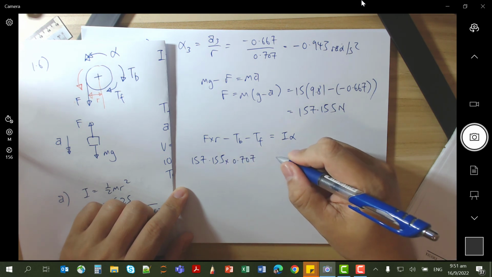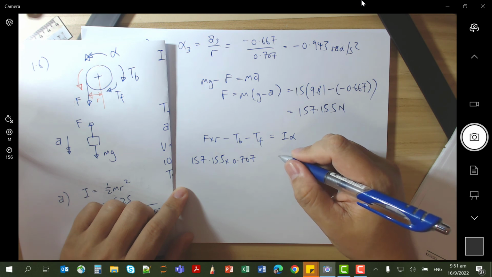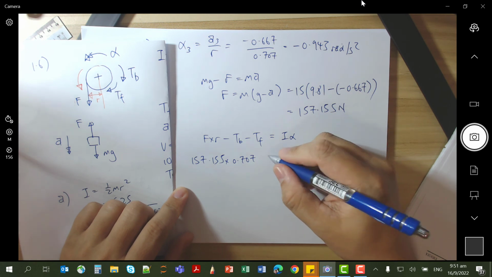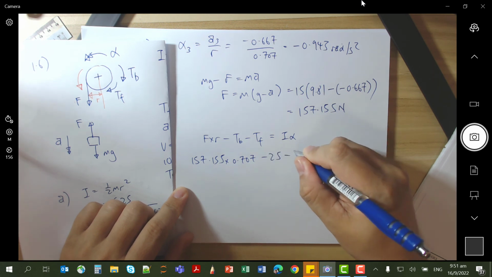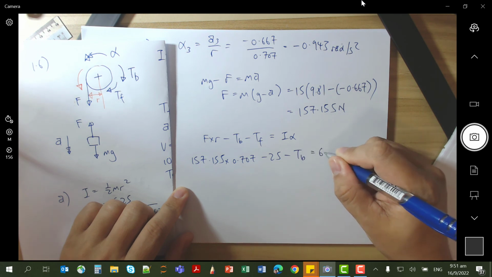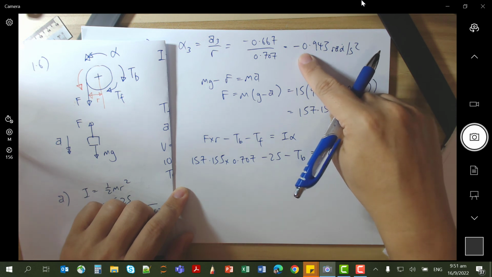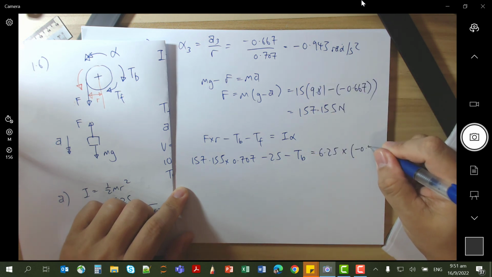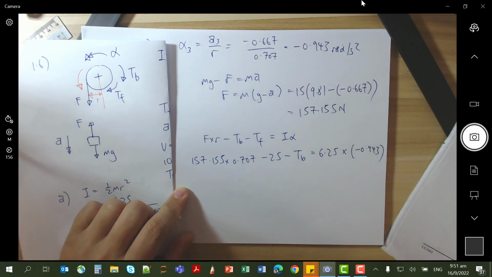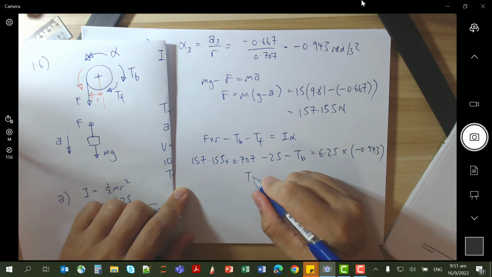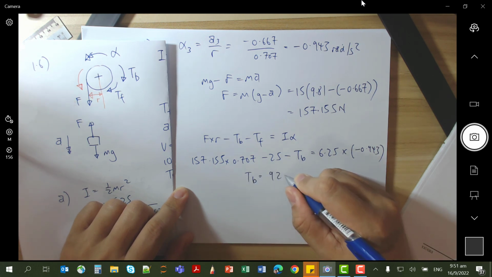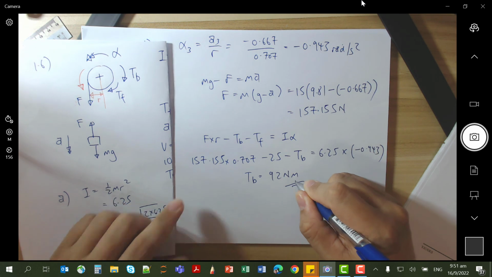Minus 25 minus TB, 6.25 times. Remember the negative sign. And you will be able to get a new braking torque, 2 Newton meters.